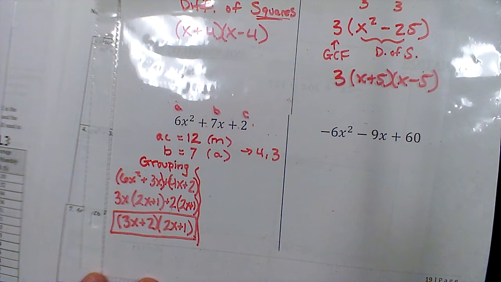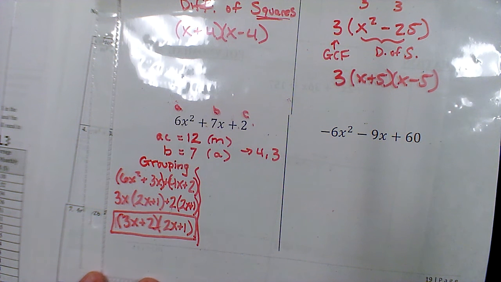In order for this grouping to work, your leftover factors must be the same. They have to match. For instance, if this was 2x plus 4, we would not be able to go any further because that does not match 2x plus 1. Okay, they have to be the same group. So since these match, one of your factors is the 3x and the 2, the GCFs that you pulled out, and the other factor is the 2x plus 1.